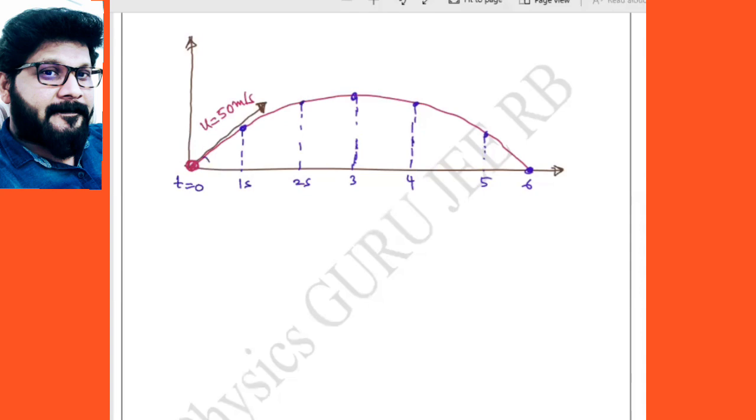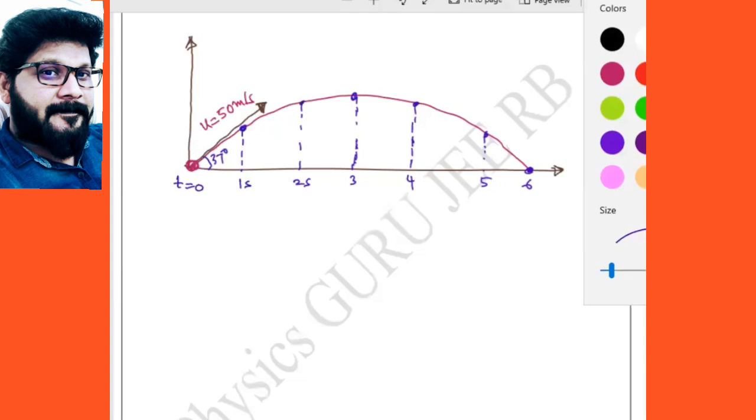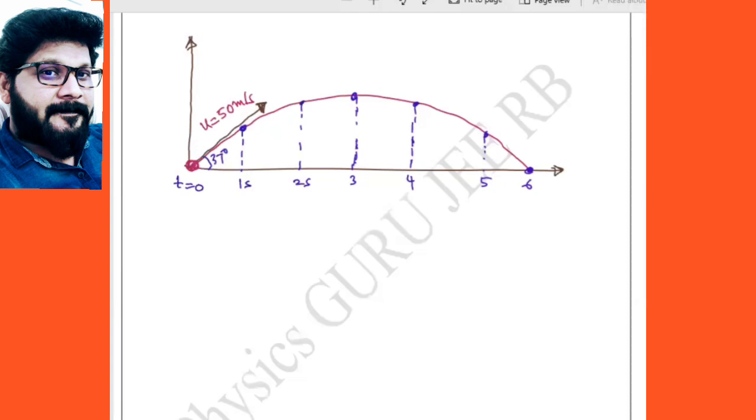Now it's projected with an angle of 37 degrees. Now let us start the problem. Initially u is equal to 50 meter per second, right? Here the initial velocity can be resolved into 2 components, right?